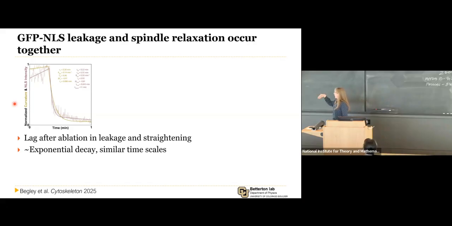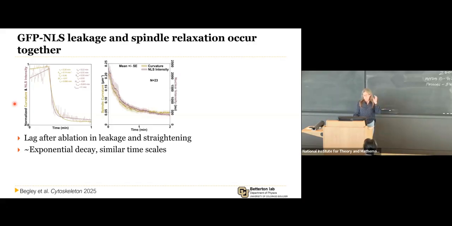It looks exponential-ish, and the time scale is very similar. This is just from one experiment, but if you do some averaging, and here, this is an average of about 20 cells, and we have the units here, curvature, units are shown on the left, intensity, which are arbitrary on the right. These curves show a very consistent exponential decay with the same time scale.